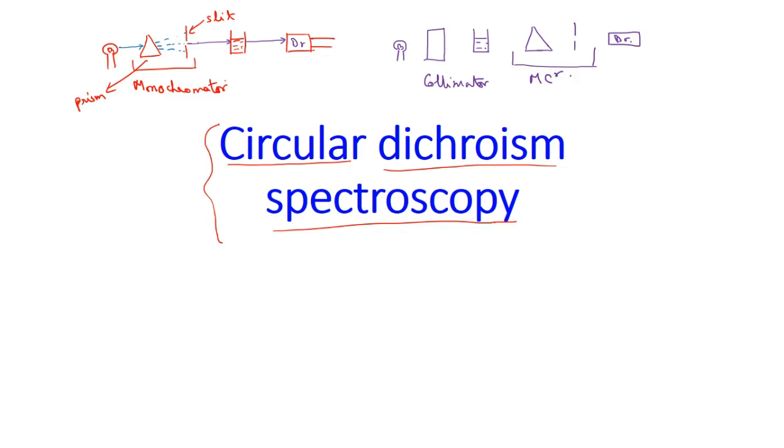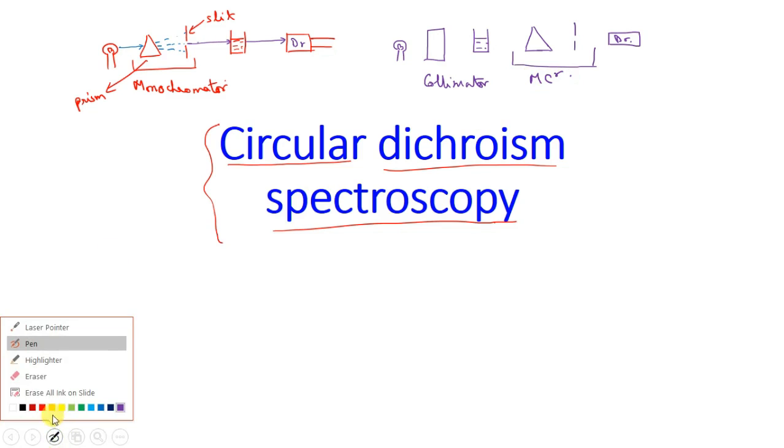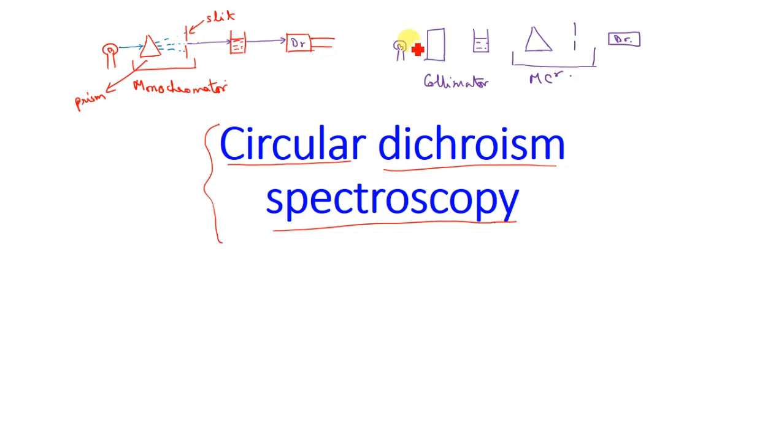So the collimator condenses the signal, and only a small beam of light passes through the sample and falls onto the prism.